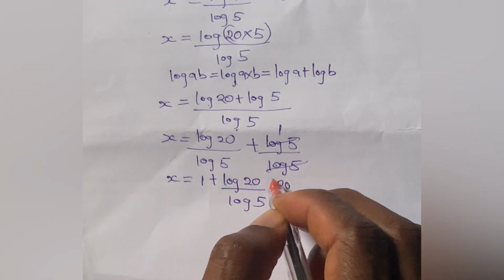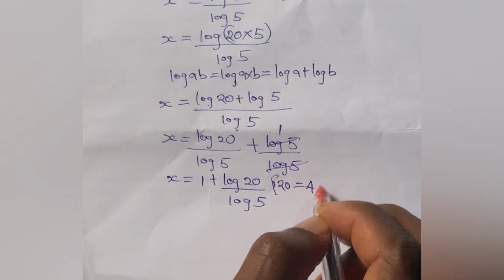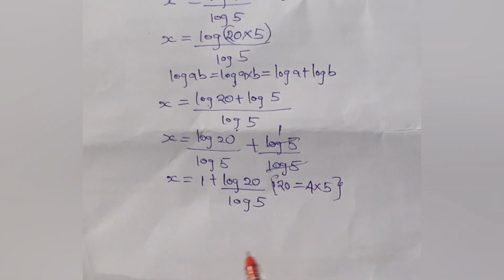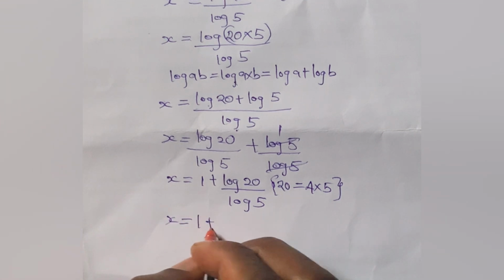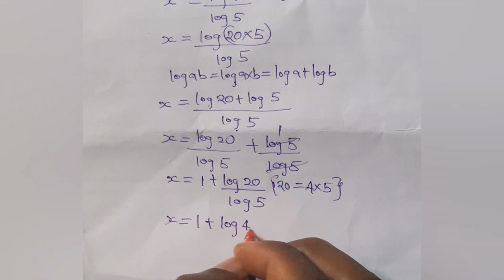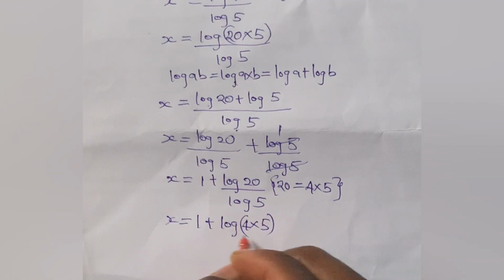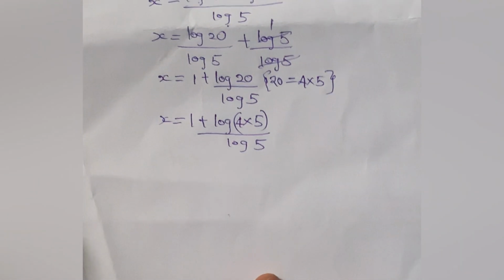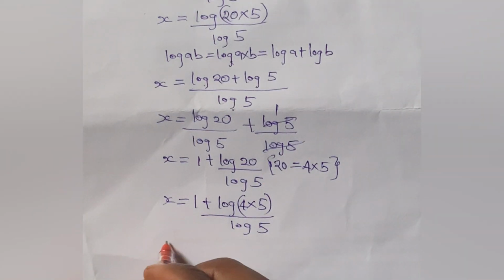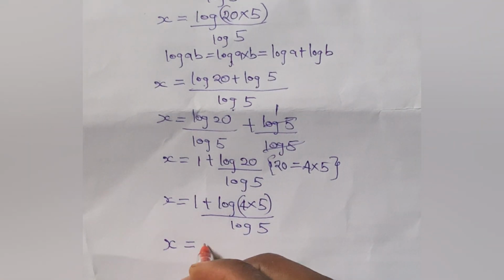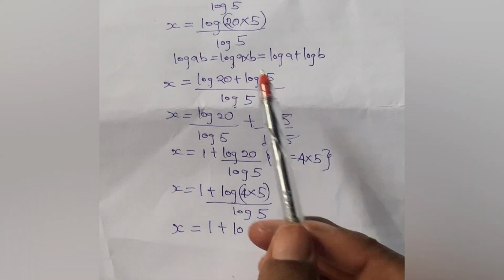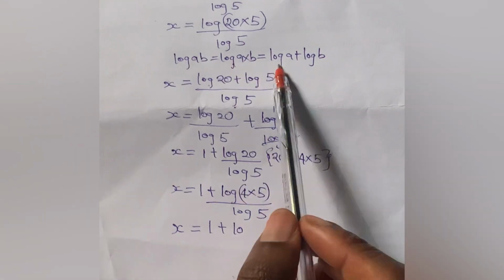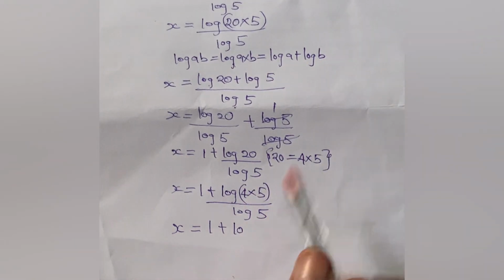Now 20 can be written as 4 multiplied by 5. Yes? So we have x is equal to 1 plus log 4 multiplied by 5 all over log 5. Now remember, we said that log AB is the same thing as log A plus log B. So let's do that here.